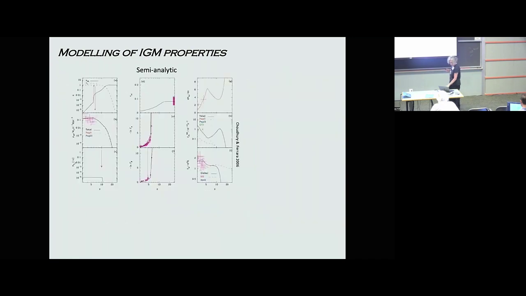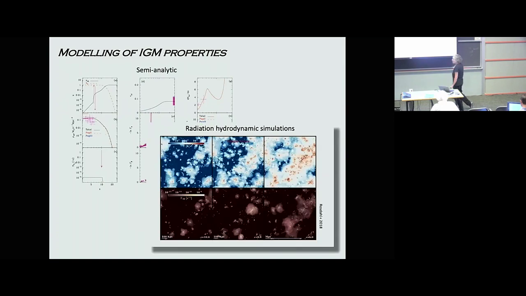So in the end, on the one end of the scale, you have these fully semi-analytic models of reionization, which are extremely useful if you want to explore a wide parameter range and the effect that they have on average properties of the IGM. And at the other end of the scale, you have these radiation hydrodynamic simulations, which include a self-consistent treatment of a large number of physical properties, and then you have all the flavors in between.